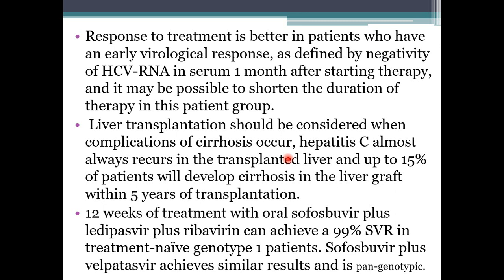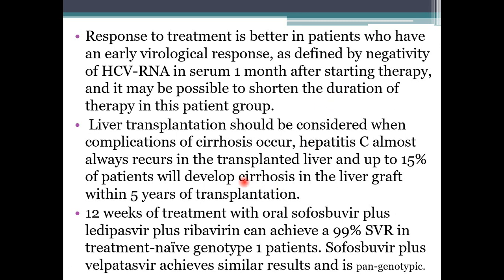Early virological response is defined by negative HCV RNA in serum 1 month after starting therapy, and it may be possible to shorten the duration of therapy in this patient group. For example, a planned one year of treatment may become 6 months.